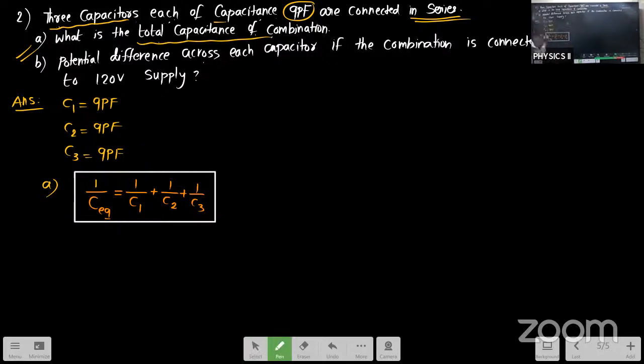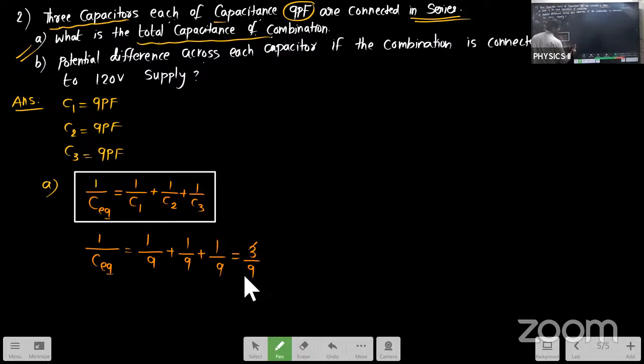Now let's substitute the values. 1 by C equivalent is equal to 1 by 9 plus 1 by 9 plus 1 by 9, because all three capacitors have the same capacitance. 1 by 9 plus 1 by 9 plus 1 by 9 will become 3 by 9.